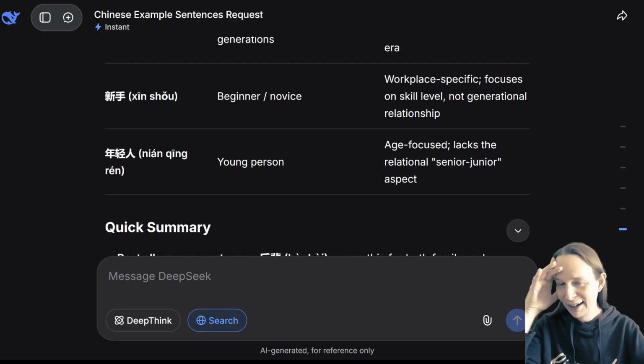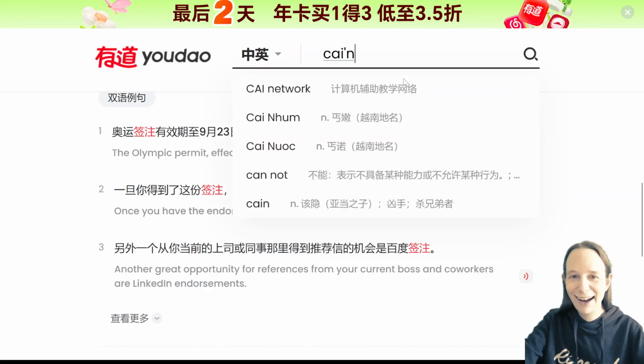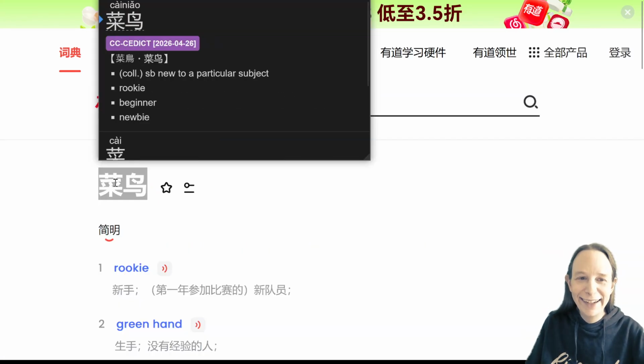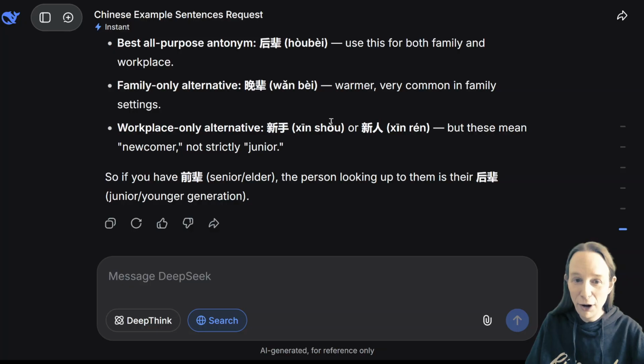But also your children, grandchildren, and so on. 新手, newbies. Also 菜鸟, rookie. Vegetable bird. 年轻人, youth. All right, so 后辈 is the opposite.